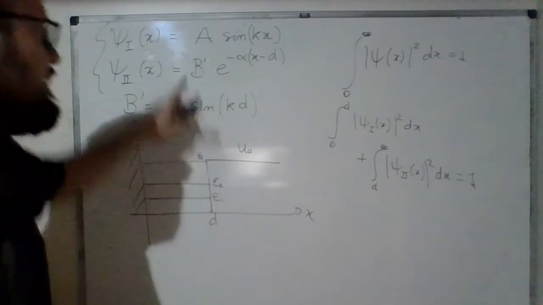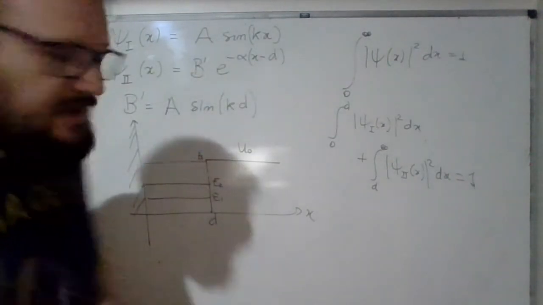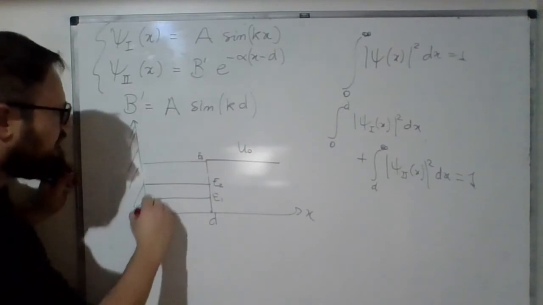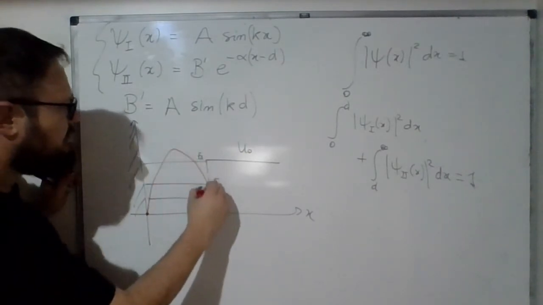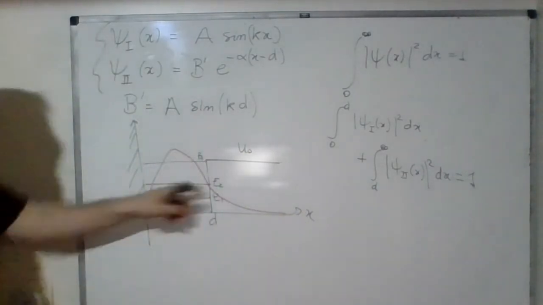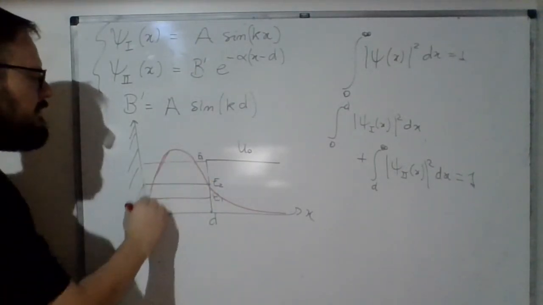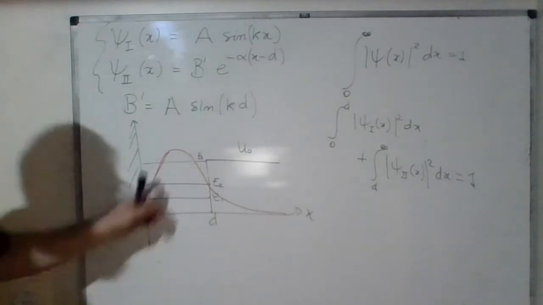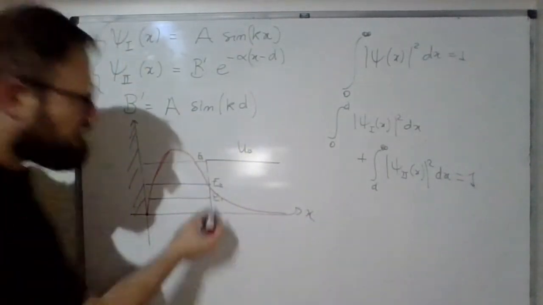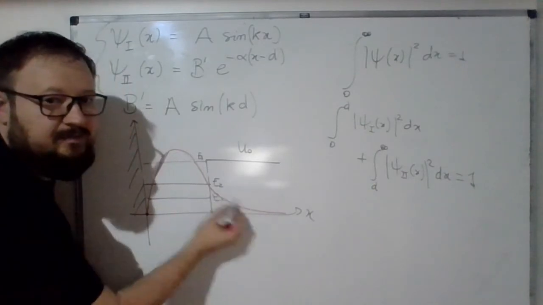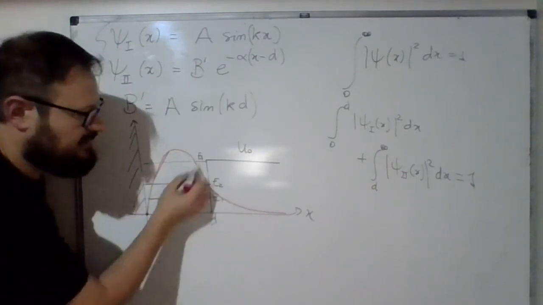And if you pick the first solution here, you'll find some function which is a sine here, and it will decrease exponentially outside the box. Notice that there is a probability of finding the particle outside the box. This is the box.